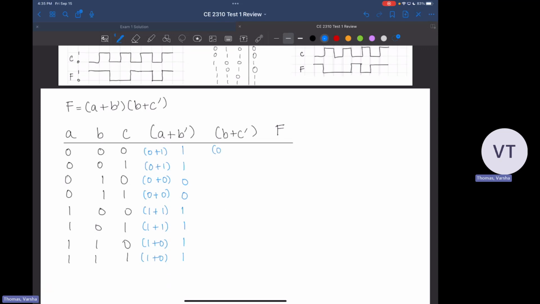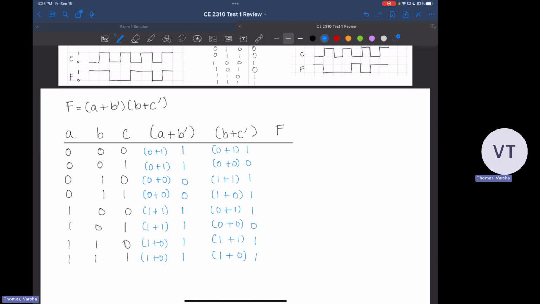For the second one here, you've got 0 or 1, it's going to be 1, 0 or 0, 0, 1 or 1, 0 or 1, this is 1 or 1, and then you've got 1 or 0.